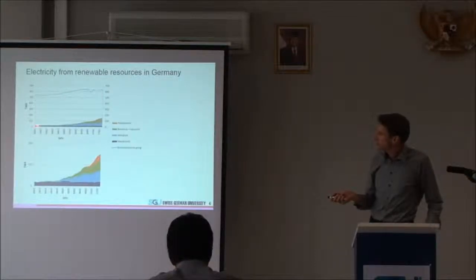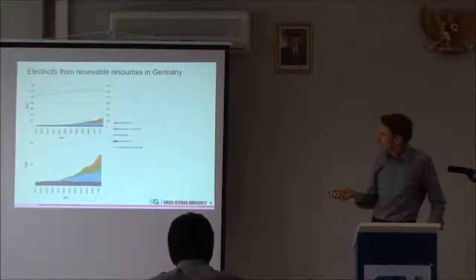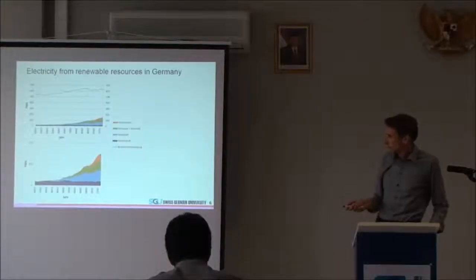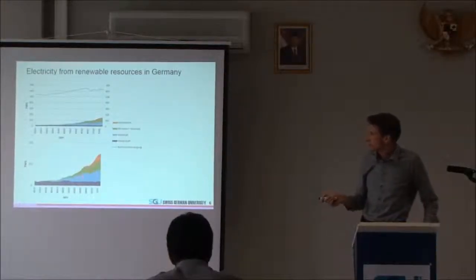And here you can see the renewable energies that started to grow, especially from the 1990s on. In the lowest line, you have the water power, hydropower, then wind power, biomass, the green one, and photovoltaics. And here this is the same, just another scale.